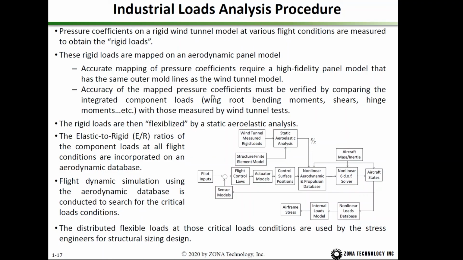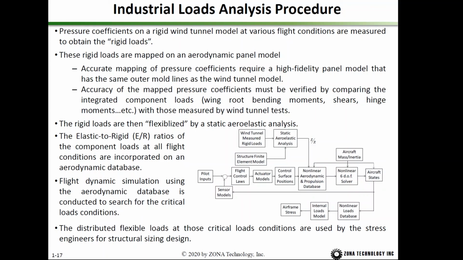accurate mapping of pressure coefficient requires a high fidelity panel model that has the same outer mold line as the wind tunnel model. So because ZONAIR is a high order panel code, it can model the exact aerodynamic outer mold line, just like the CFD.